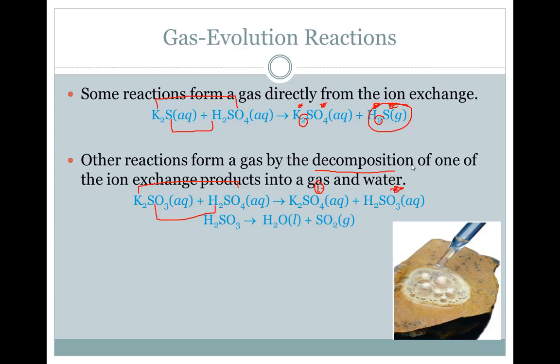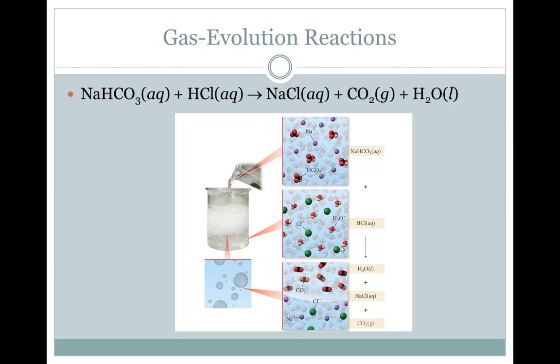And then we break this down to form H2O and SO2. And that SO2 is the gas. So the gas is not formed directly from the double replacement. It's formed after the decomposition of the next step.